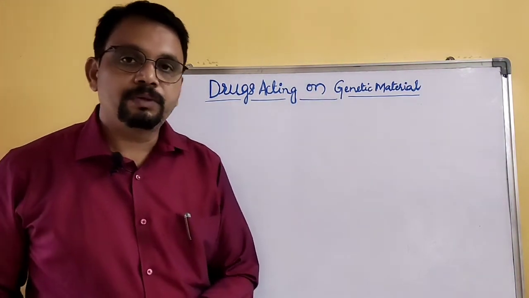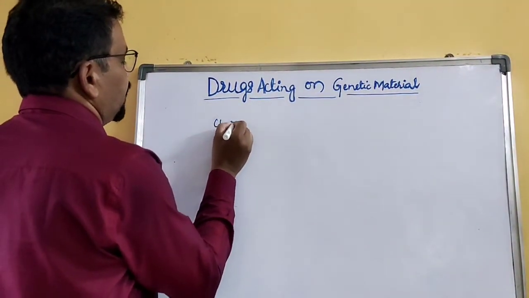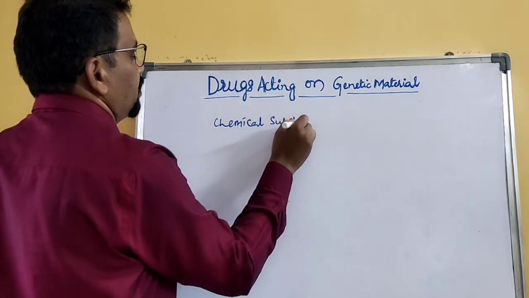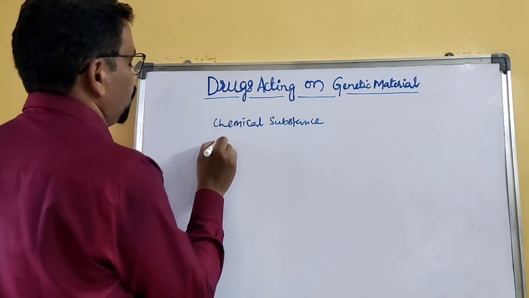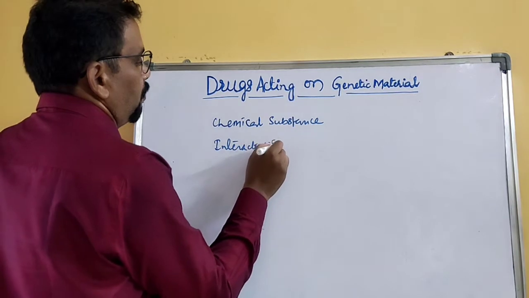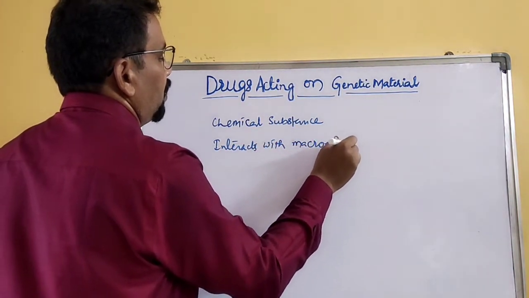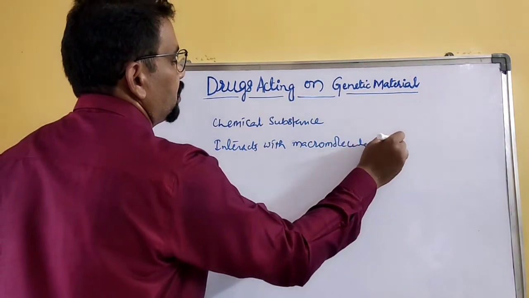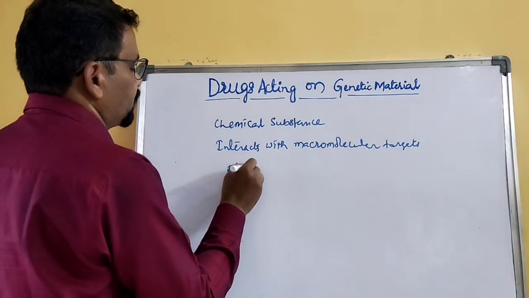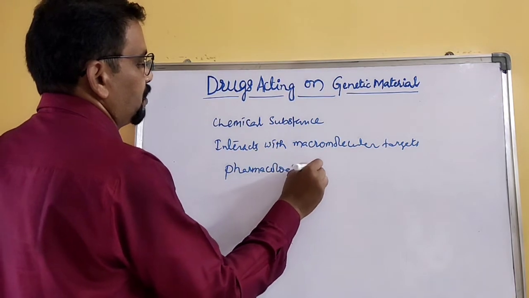As you already know, a drug is a chemical substance which interacts with macromolecular targets in the body and produces a pharmacological effect.